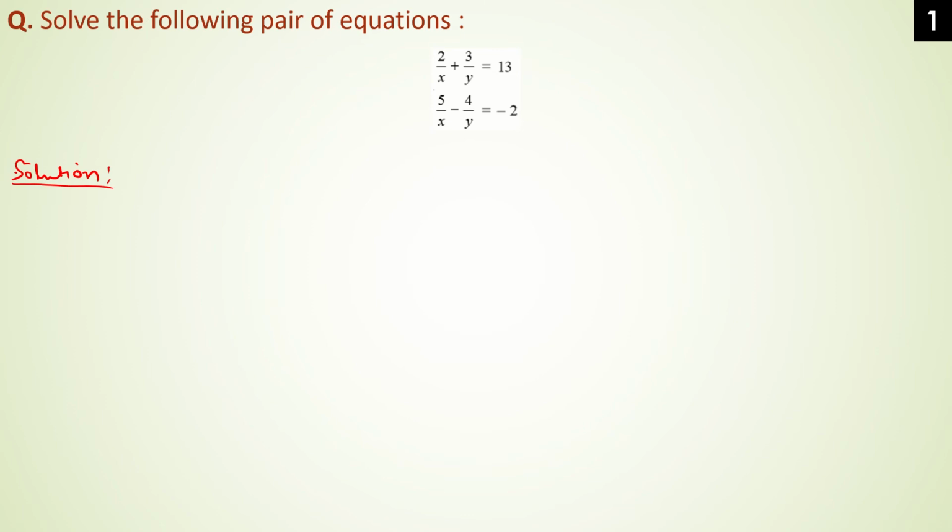The first problem says that the equations are 2 by x plus 3 by y equals 13 and 5 by x minus 4 by y equals minus 2.